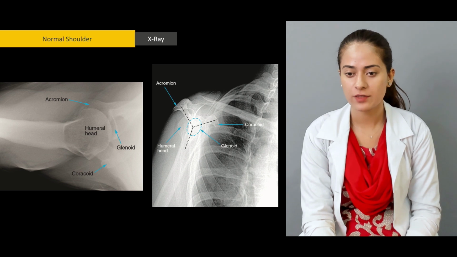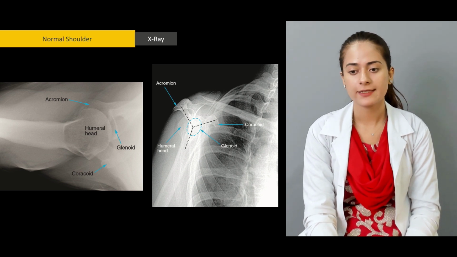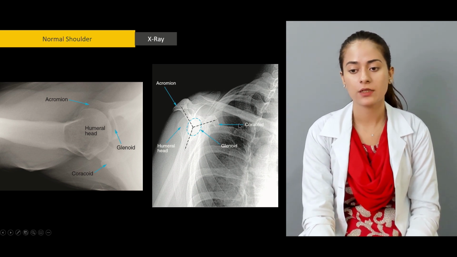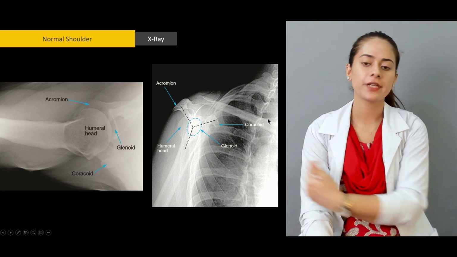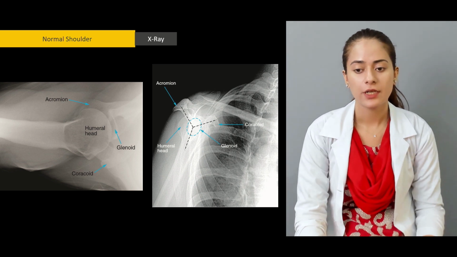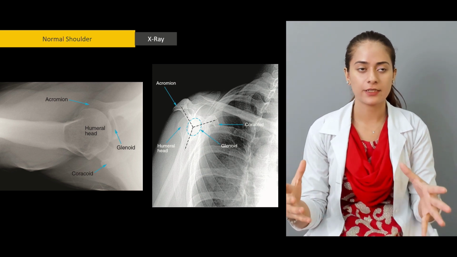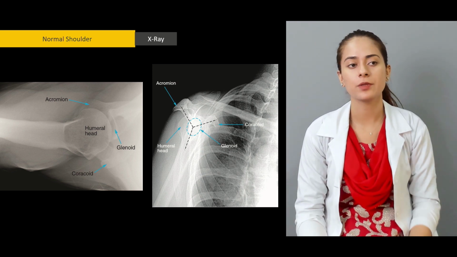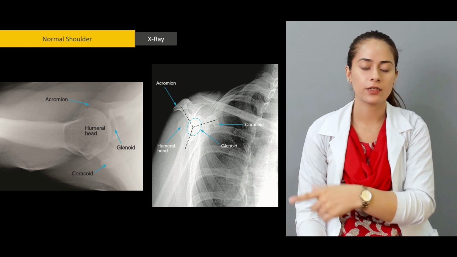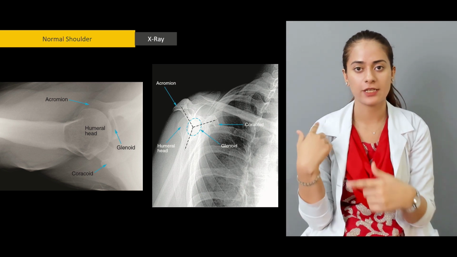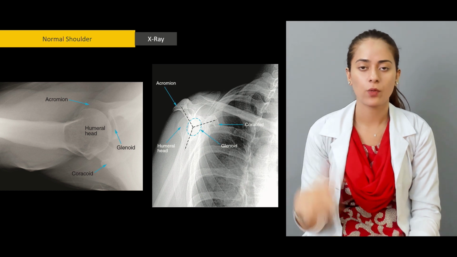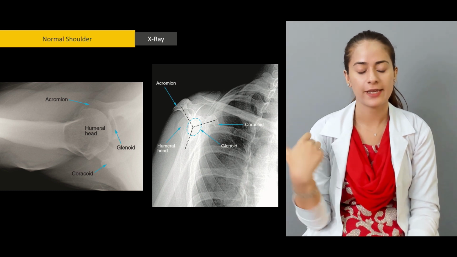So now we have this normal Y view. Like I said, the Y view can be anterior posterior and posterior anterior. Some people take it while the patient is standing facing the X-ray tube, and some people prefer taking it when the patient is facing the bucky or the X-ray cassette.